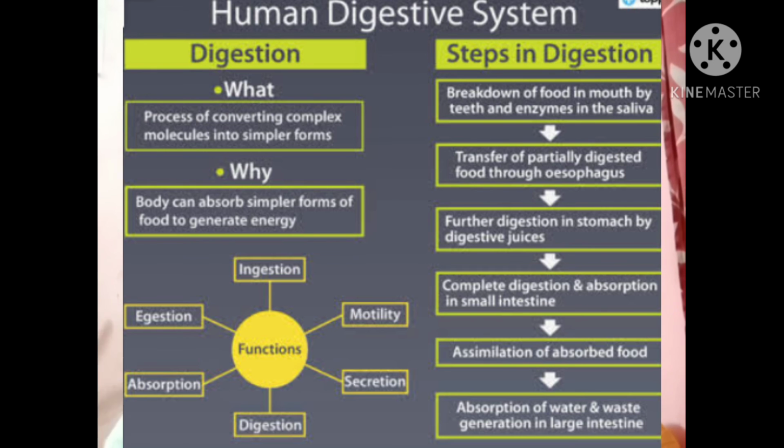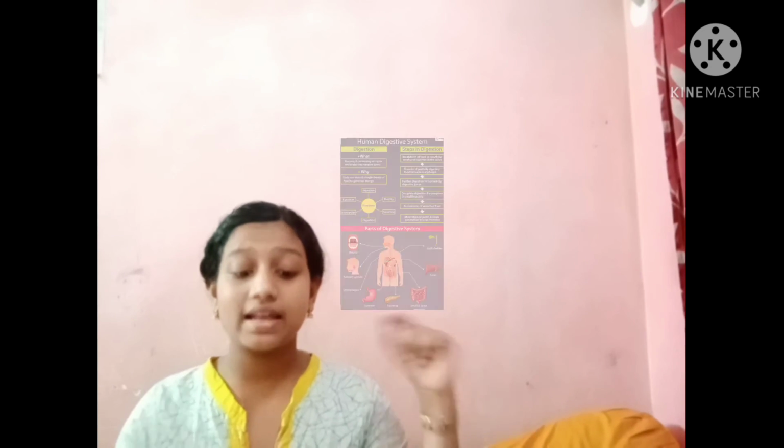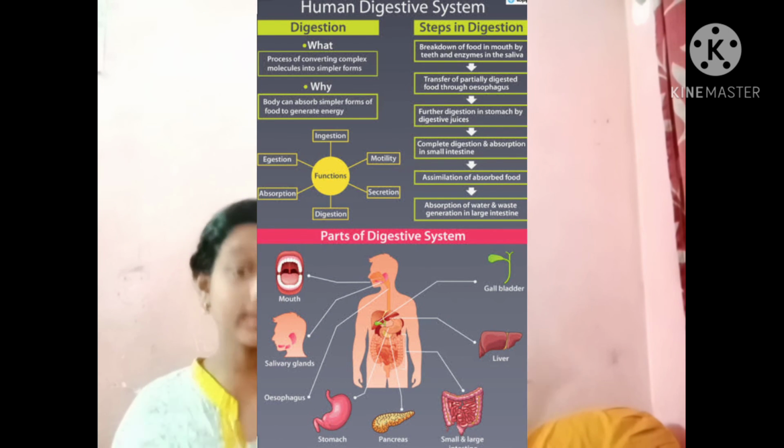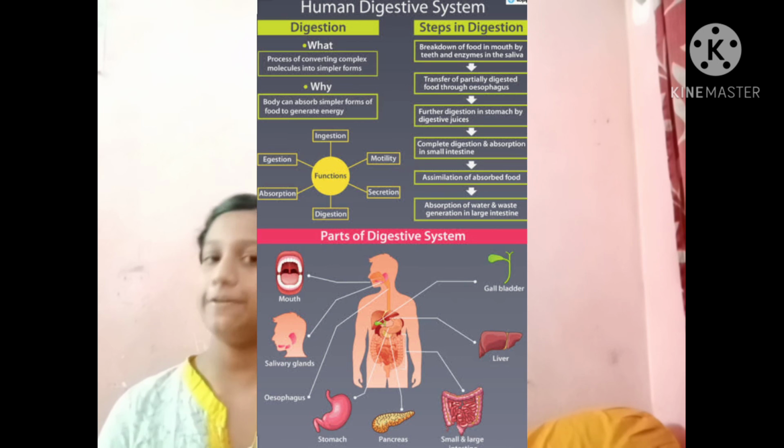Fifth step, egestion: the undigested waste is then passed out through the rectum and anus. So this digestion process completes. So this was the human digestive system.